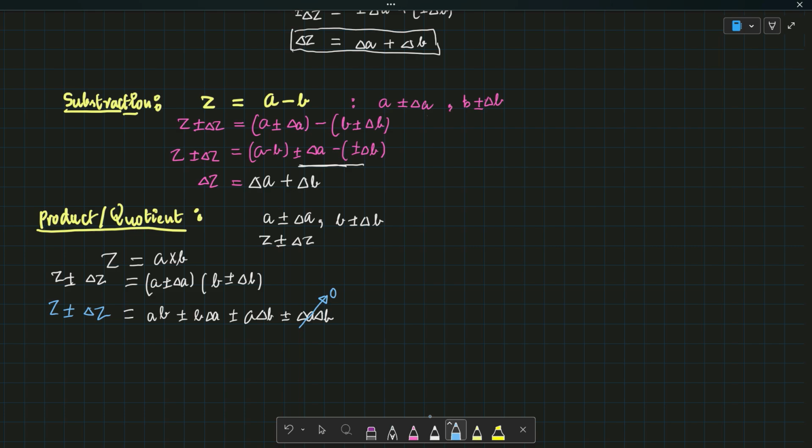Okay, so now we want to find out what is the relative error, so we'll divide by Z both sides.